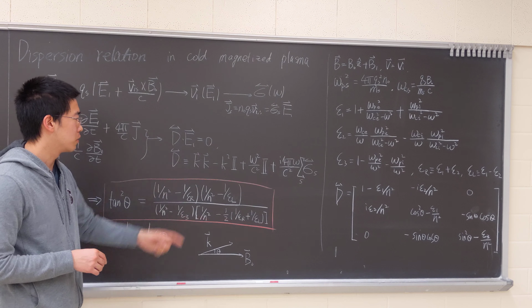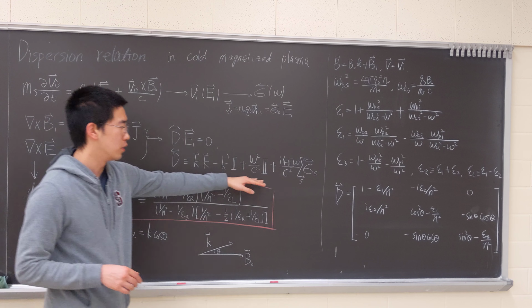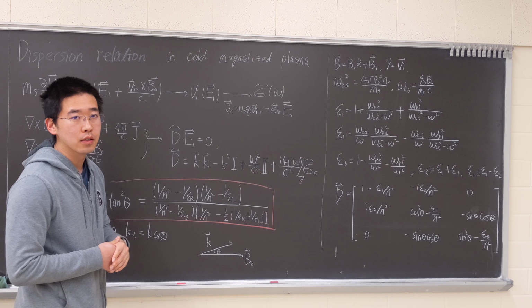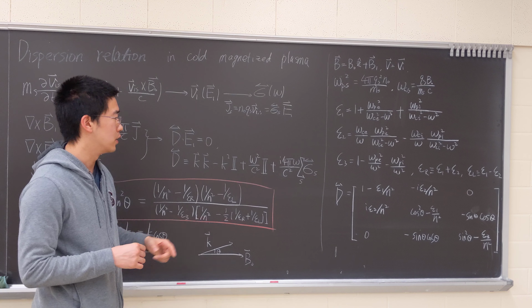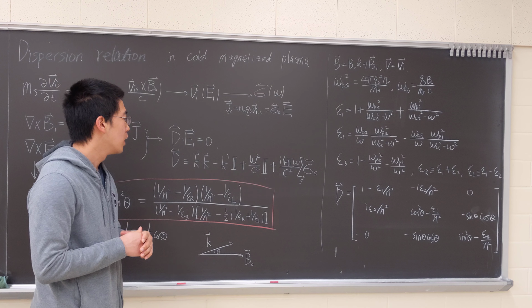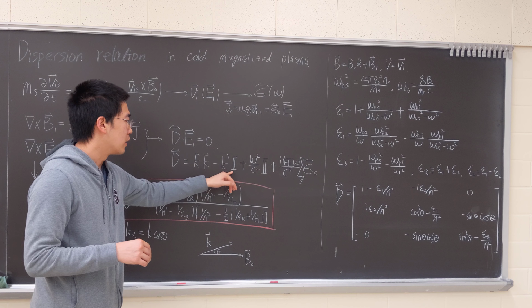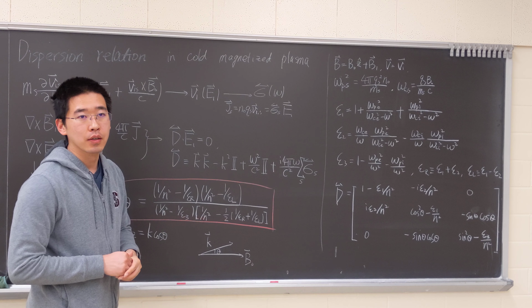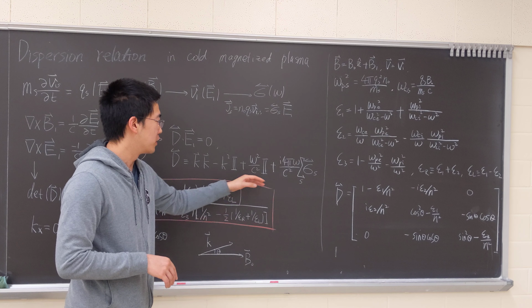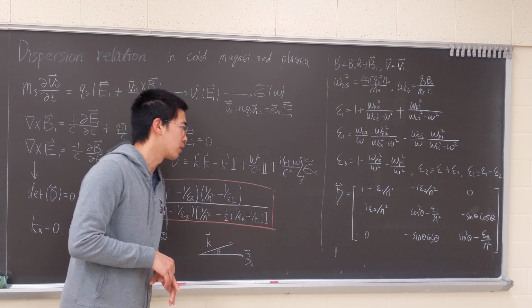So d E equals 0. D can be expressed in this way. So k here is not a scalar. It is a vector. It's not an inner product. It's a cross product. And the I stands for the identity matrix. And sigma is the conductivity.